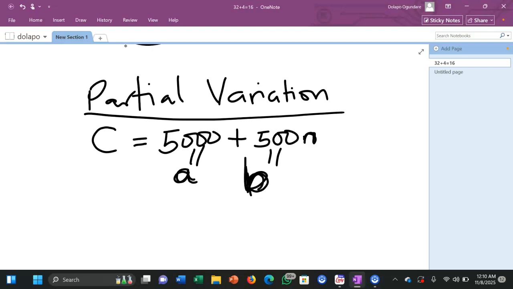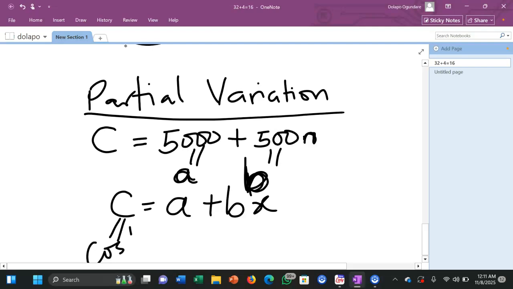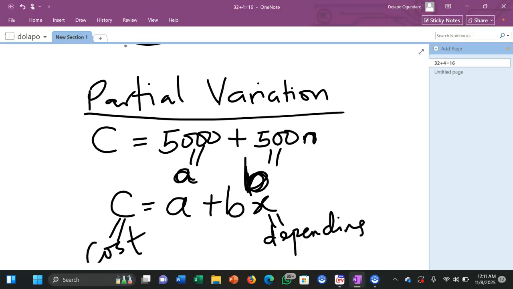So most partial variation questions normally follow a particular order. C equals A plus X, something like this. So this can be the cost of the clothes, and this one can be a factor depending on choice of design.